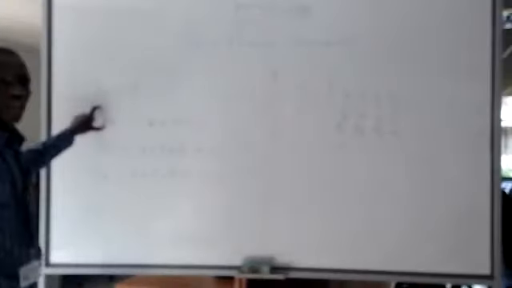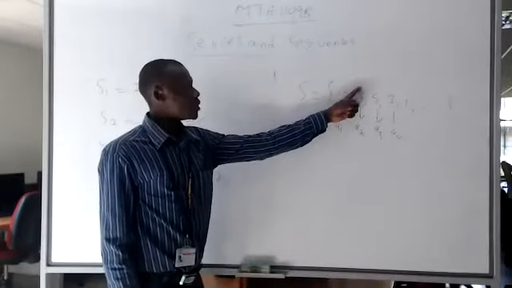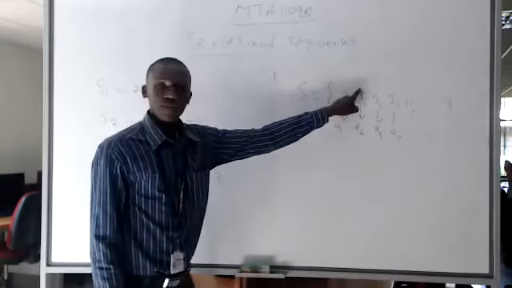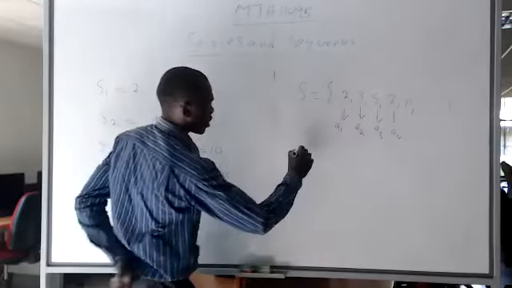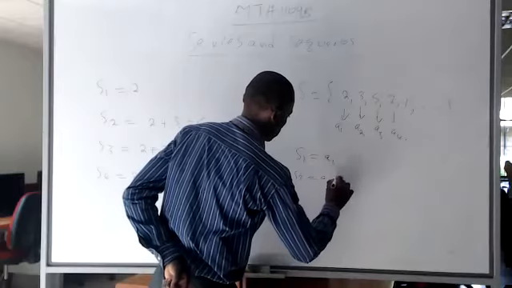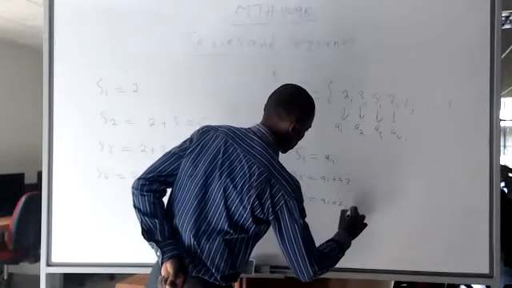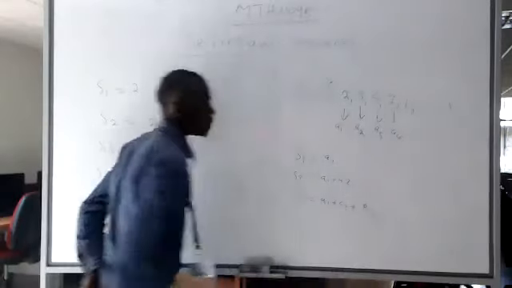S2 is defined as the sum of the first two terms. So the first term is 2. The second term is 3. So S2 will be 2 plus 3. Because in general, we said S1 is A1, S2 is A1 plus A2, S3 is A1 plus A2 plus A3.